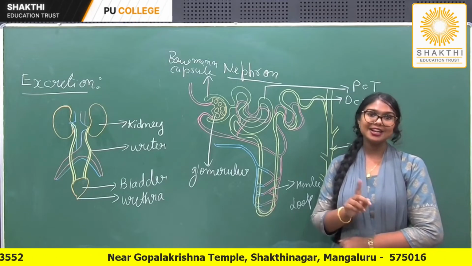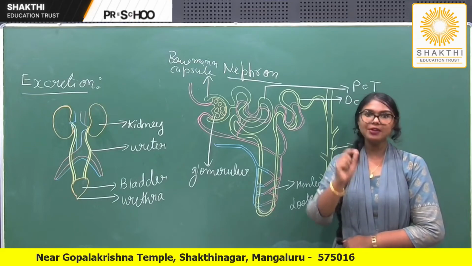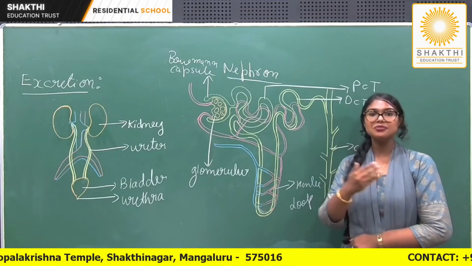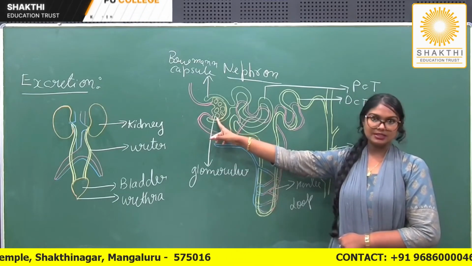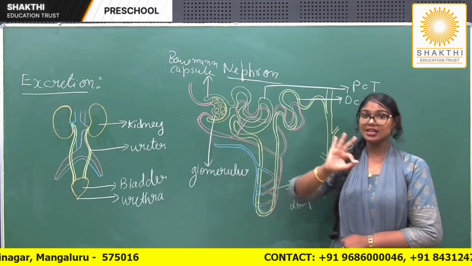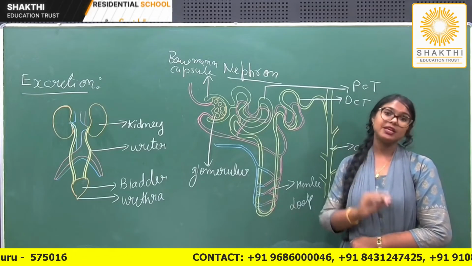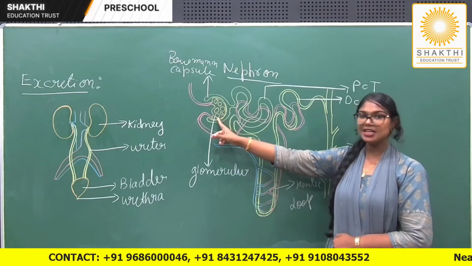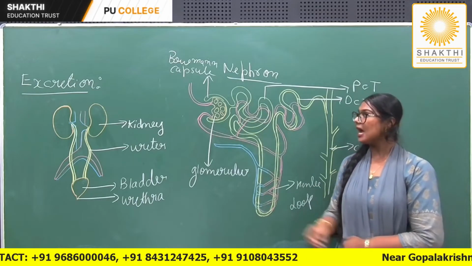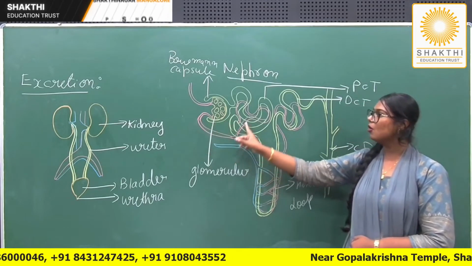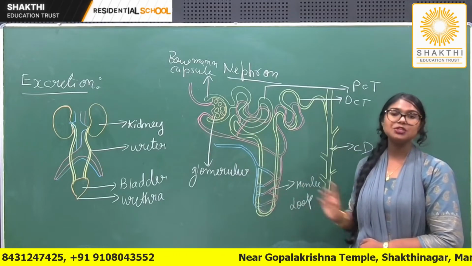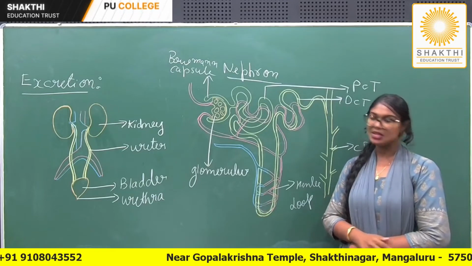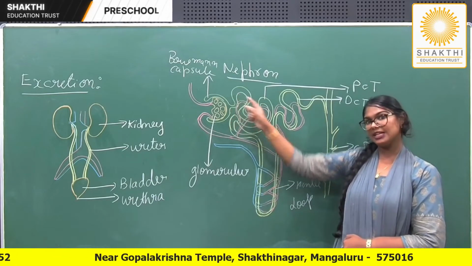What is ultrafiltration? Every component of the blood is filtered in the glomerulus. I have told you there are three important nitrogenous wastes, urea, uric acid, ammonia. These are separated from the blood here and the clean blood will go through this system, which we will not worry about. We will go to the urine that is formed.